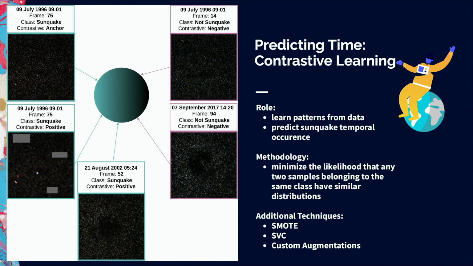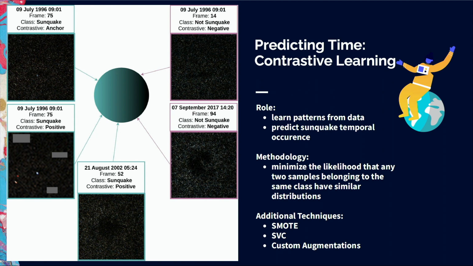In terms of methodology, with contrastive learning, we are trying to minimize the distance in the embedding space of our models between samples that belong to the same class. As we see here, we try to bring positive samples together and negative samples together and push apart positives from negatives. This is the thought behind this type of machine learning.